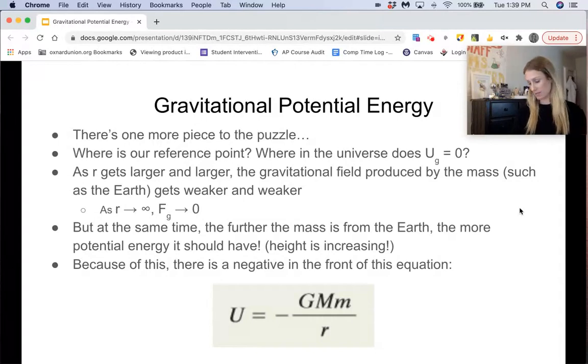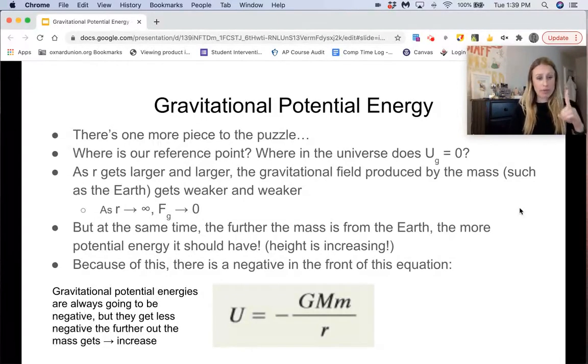Now, the reason we put a negative here is that, number one, gravitational potential energies are always going to be negative, but they get less negative the further out the mass gets. As R increases, it's in the denominator, so the magnitude of that whole number decreases.